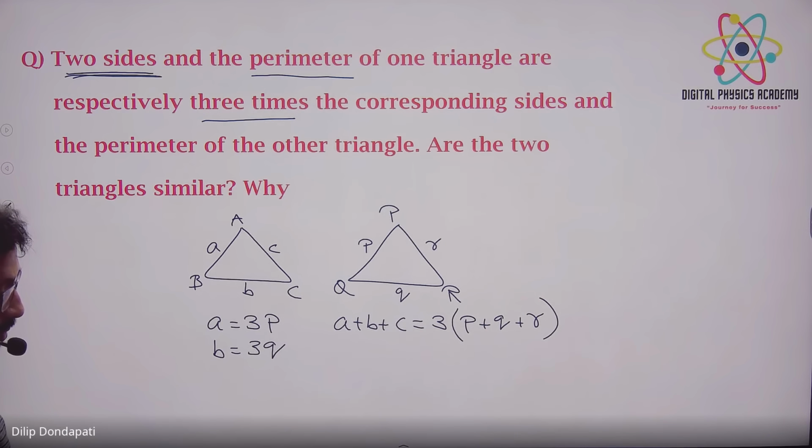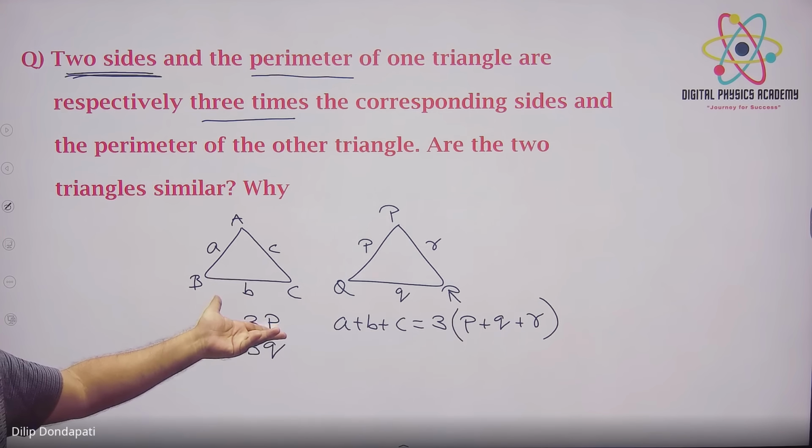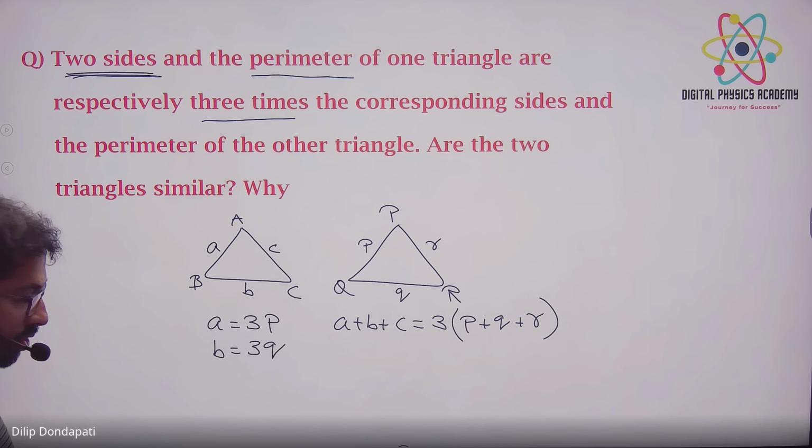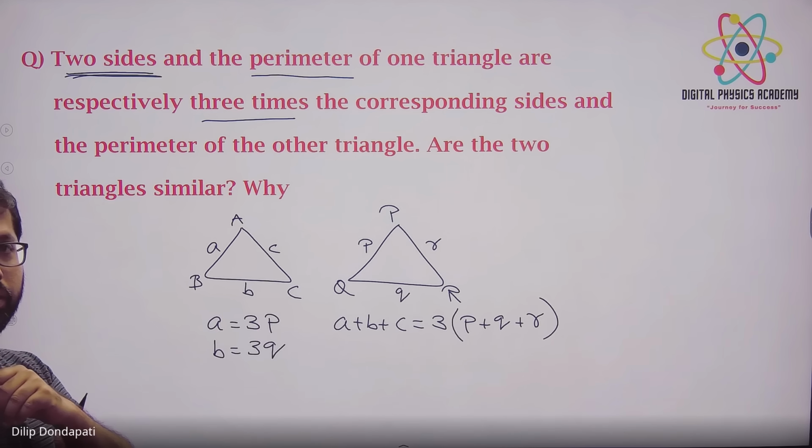He is asking whether they are similar or not. If the third side comes, then only we can tell the sides are proportional. Okay, find the third side. Use this condition. Find the third side. Did you get the third side, Viraj?